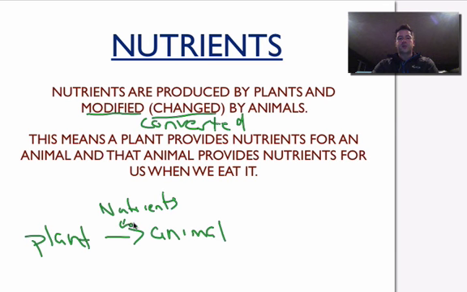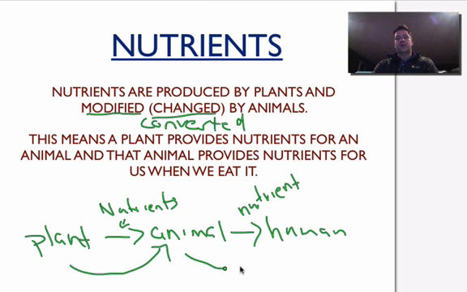So nutrients are being passed along to the animal, and then we eat the animal, and again, those nutrients are passed along through that arrow as well. So it goes from the plant to the animal to the human, and we pass on nutrients in a sequential manner. Or if we were to eat the plants directly, then those plant nutrients are passed on from the plant to us.